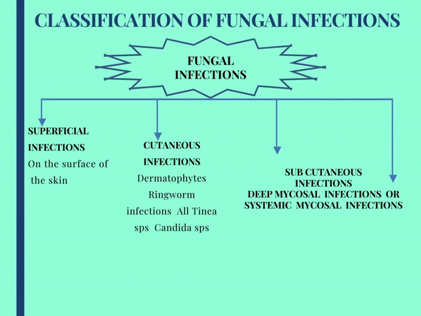Systemic mycotic infections can further be categorized based on the specific organs or systems they affect, such as pulmonary mycoses, lung infections, disseminated mycoses, infections spreading throughout the body, and central nervous system mycoses, infections of the brain and spinal cord.